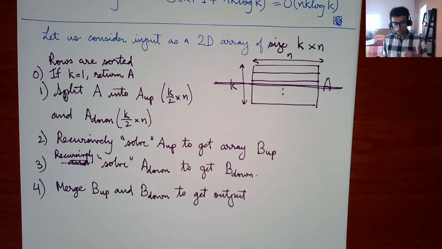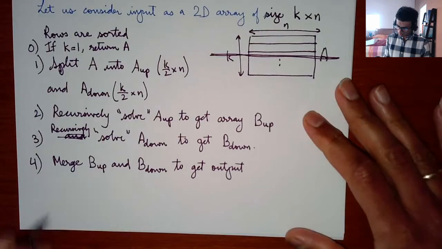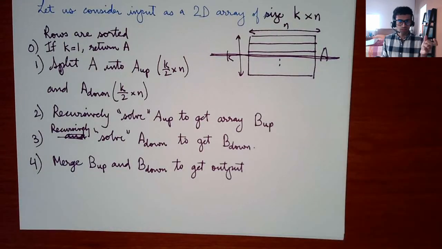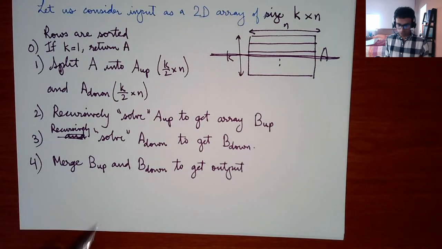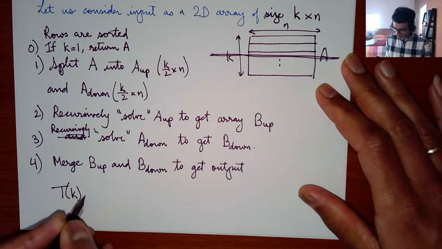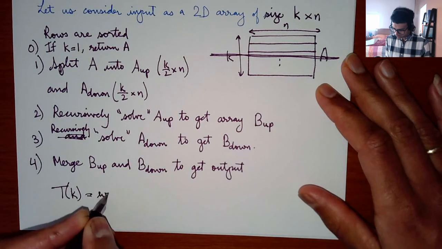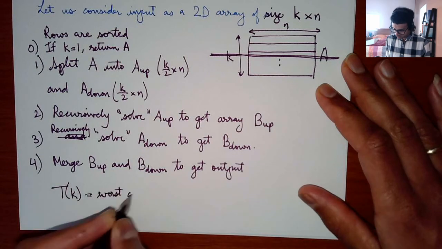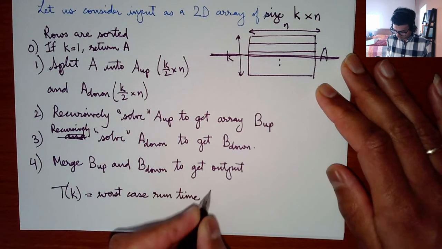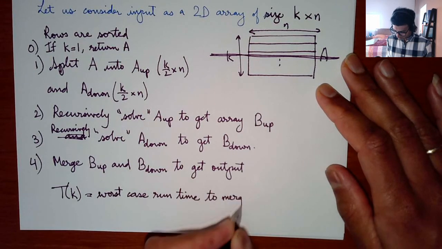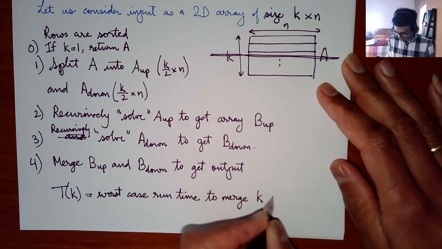Let me first do the runtime analysis, and then I will explain this other point. So how do you do the runtime analysis? Note that n is fixed. In all of these recursive calls, it's k that's changing. So let t_k be the worst case runtime to merge k arrays.